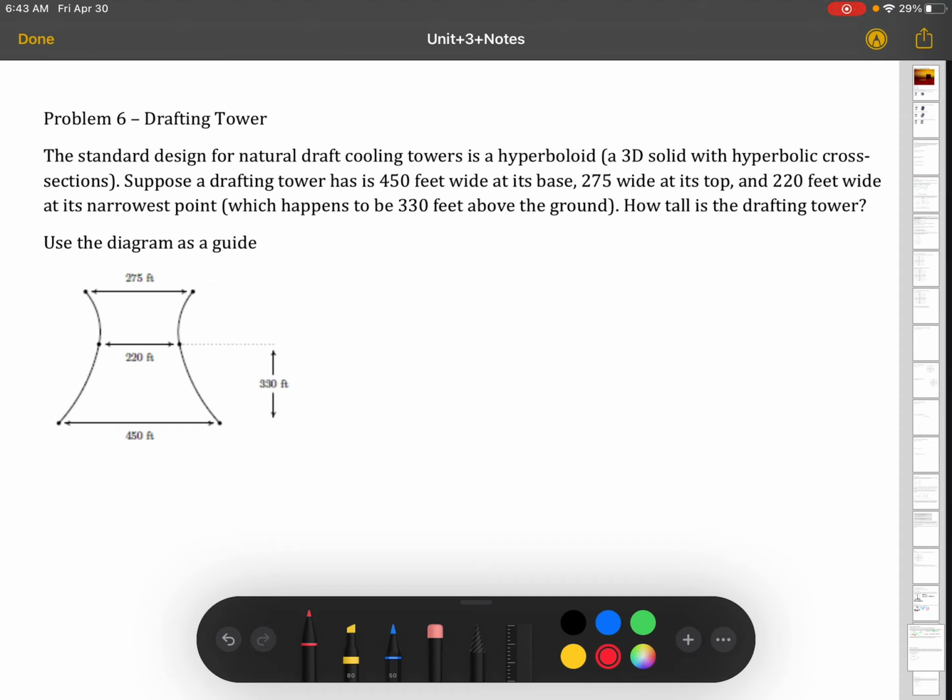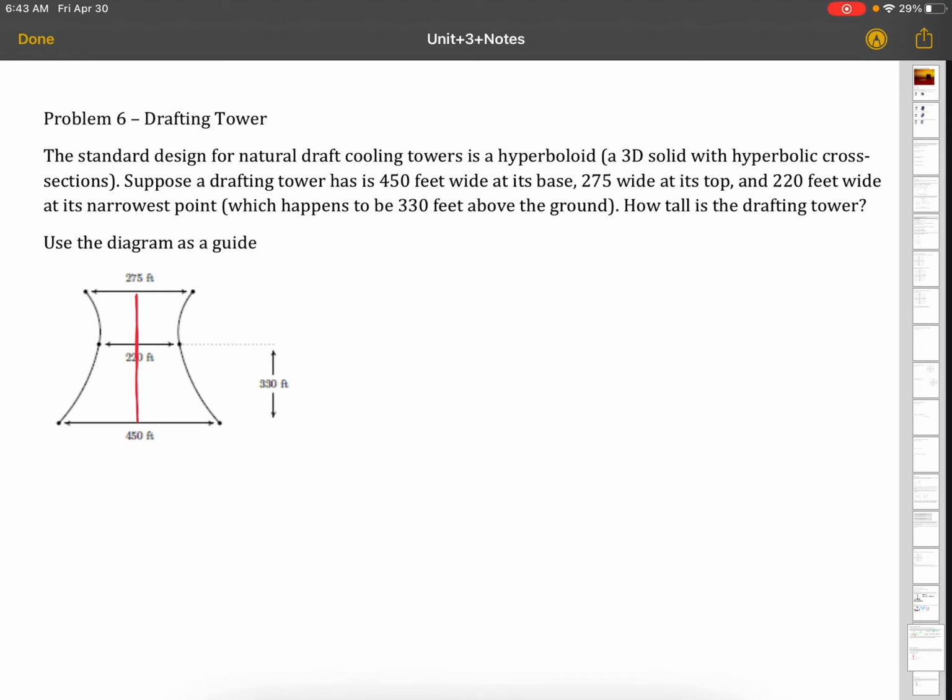So this is a hyperbola. We're going to make the ground be where our 450 feet are. This is our hyperbola. This is our XY axis, what I am drawing in red.